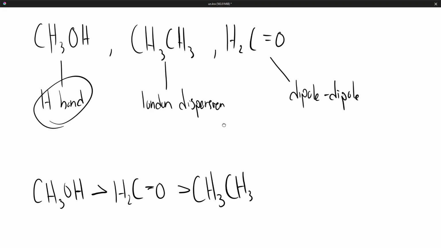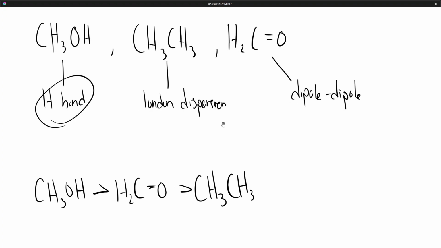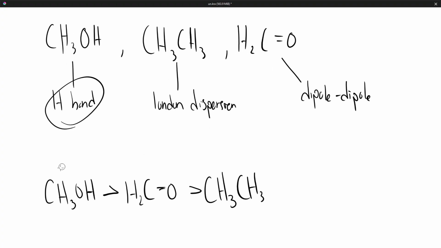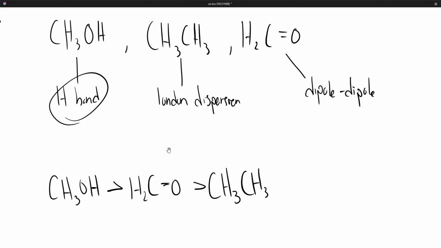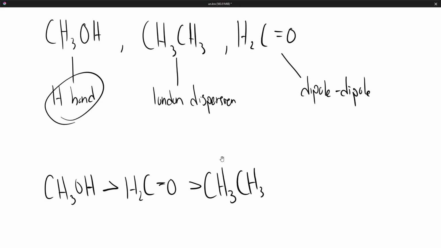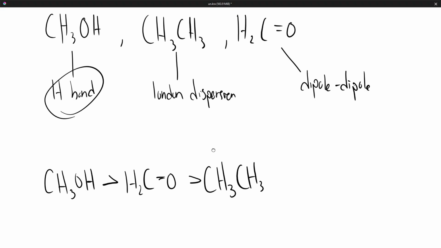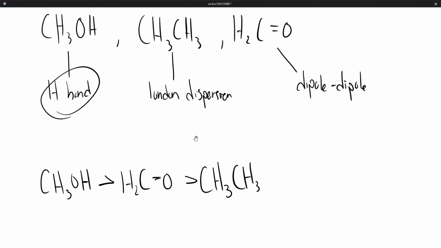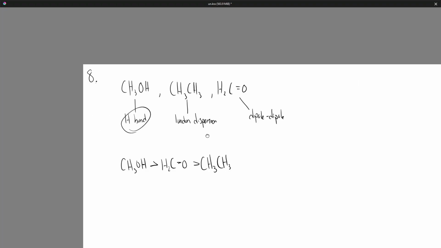If it says decreasing like this problem, you start off with the strongest force ones and work your way down. And if it asks for increasing surface tension, you want to start off with the molecule with the weakest intermolecular forces first, and work your way up. That's about it for number 8.